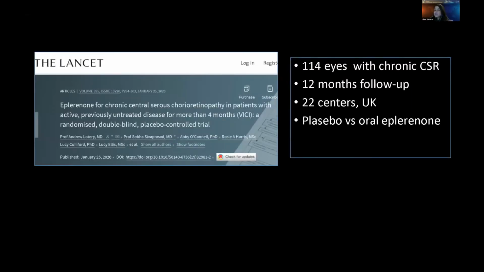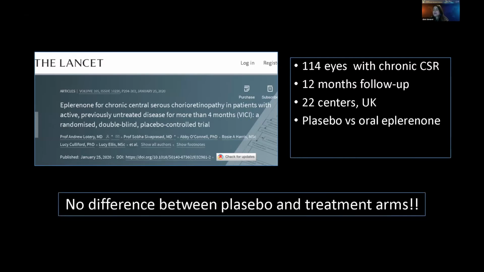However, the VICI trial came up to evaluate the effect of this treatment as a randomized double-blind placebo-controlled study conducted in the UK. Patients were treated with eplerenone or placebo for a period of 12 months, and overall the trial observed no significant benefit of eplerenone with regards to distance visual acuity or with respect to resolution of fluid and the time to recurrence.